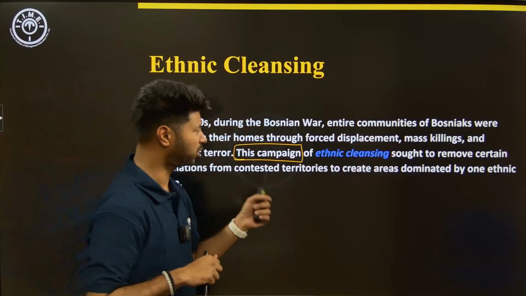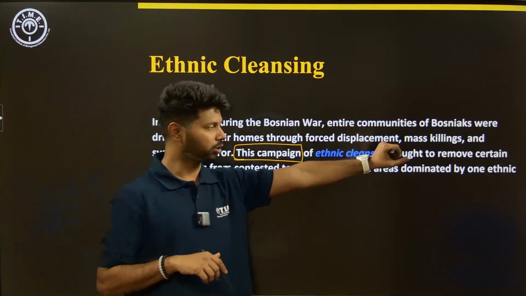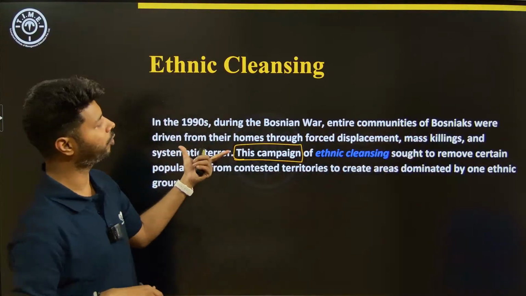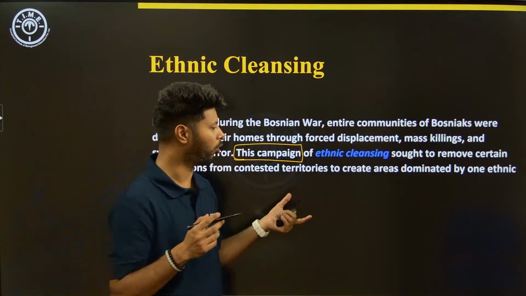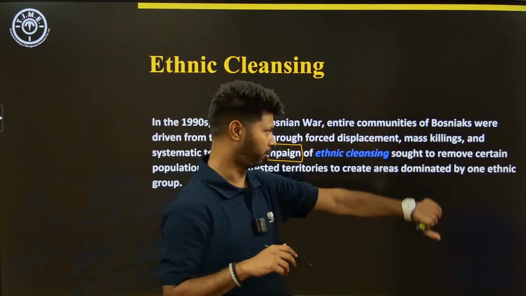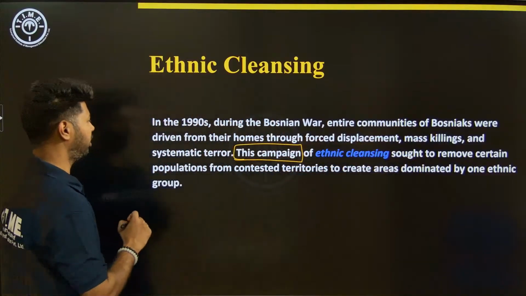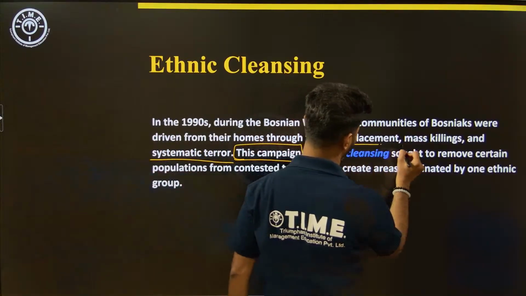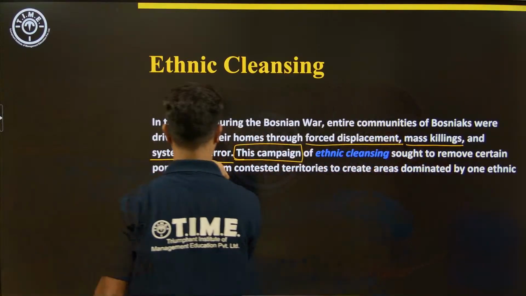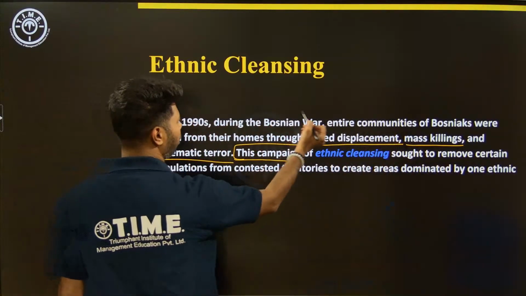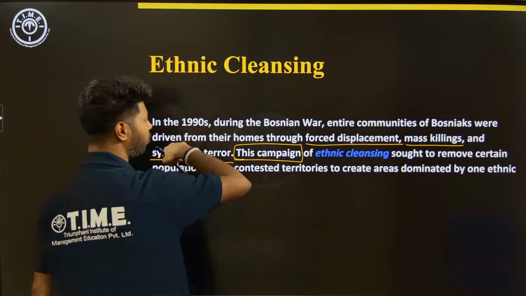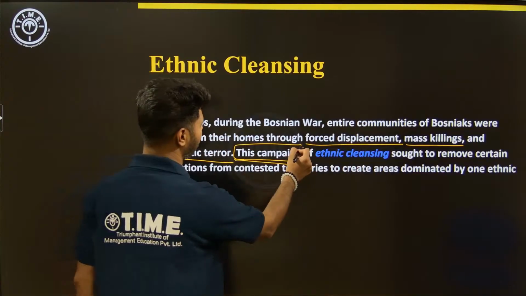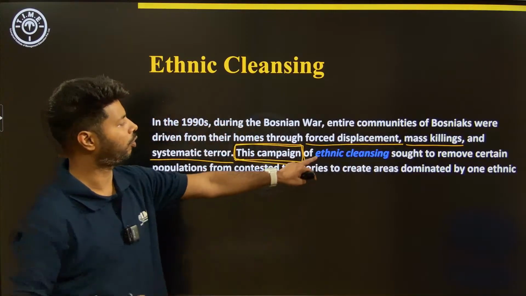Okay, what is happening? We are talking about the Bosnian War. During the Bosnian War, communities of Bosniaks were driven from their homes through forced displacement, mass killings, and systematic terror. These were the things that happened. Forced displacement, mass killings, and systematic terror led to Bosniaks being driven away from their homes, and that is being referred to as this campaign of ethnic cleansing.